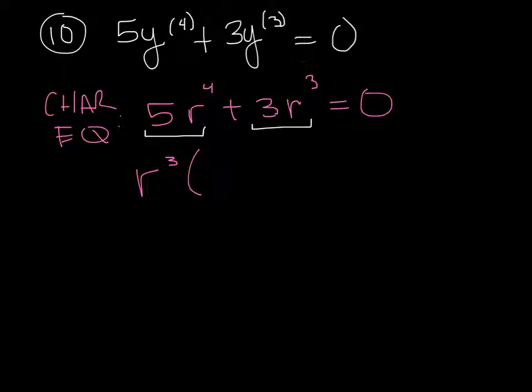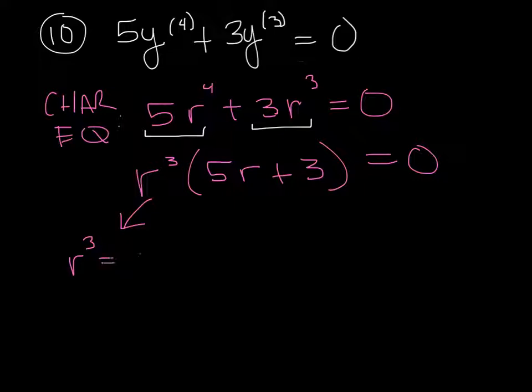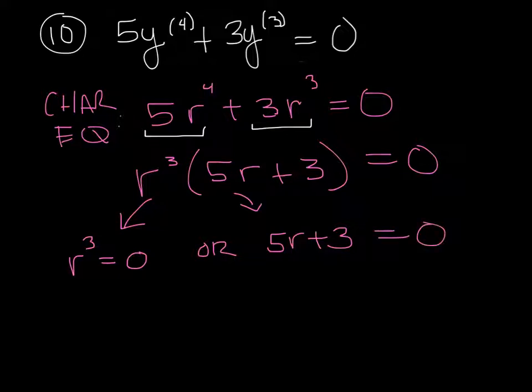And what is left over? We have 5r, right? That gives us 5r to the 4th plus 3. Okay, so this was factorable. And here, using the zero factor property, we have r cubed equals 0, or 5r plus 3 equals 0.